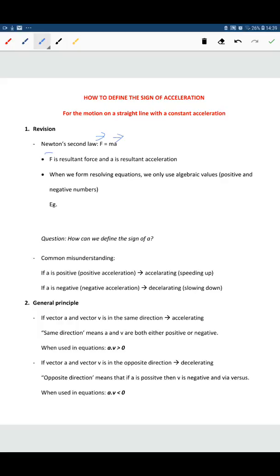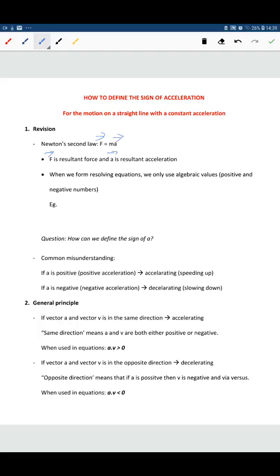And F is the resultant force or net force, and a is the resultant acceleration. However, when we form resolving equations, we do not use F and a as vector quantities anymore. We only use F and a as algebraic values.